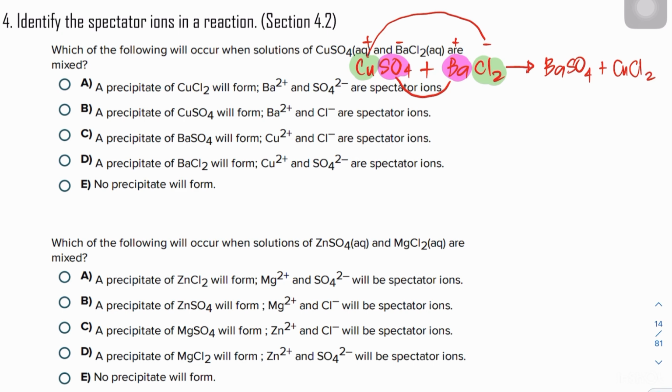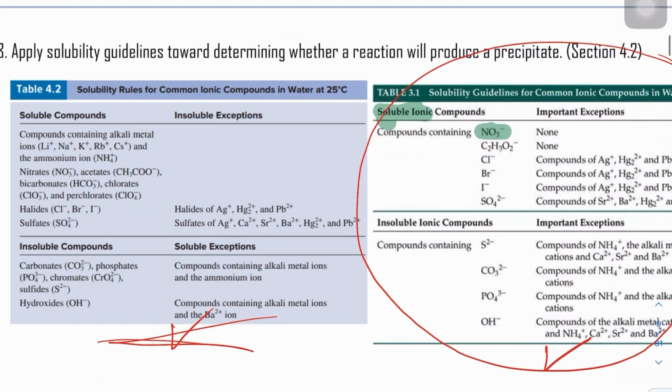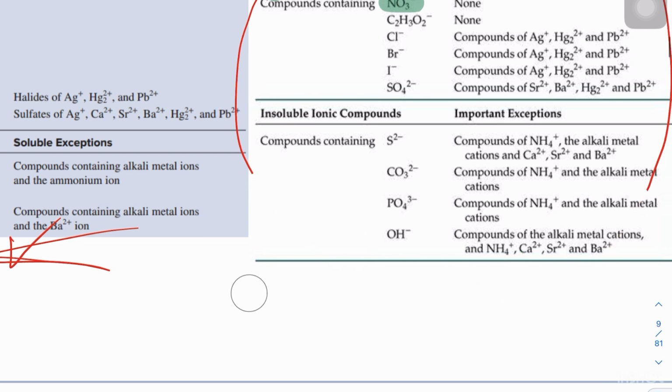Now, the question is, how do we know whether it will be solid or aqueous? We will go back to our understanding of the solubility rules. Let me go back to the solubility rules here. Now, the first compound that was produced is BaSO4, so that's what we have here, BaSO4 plus CuCl2.